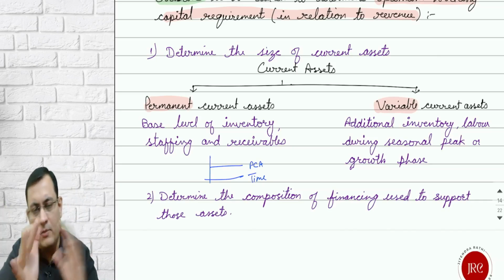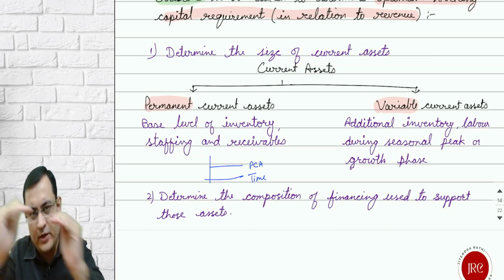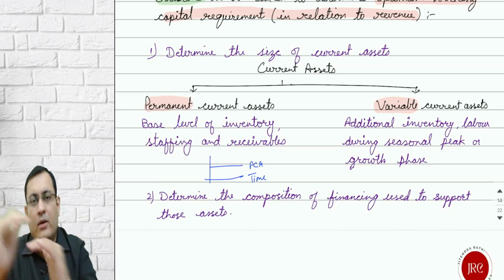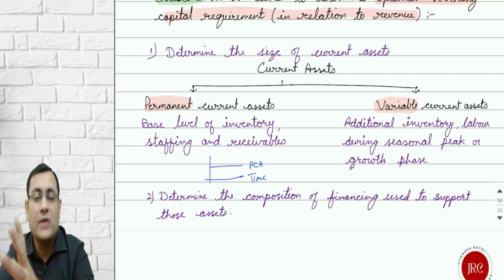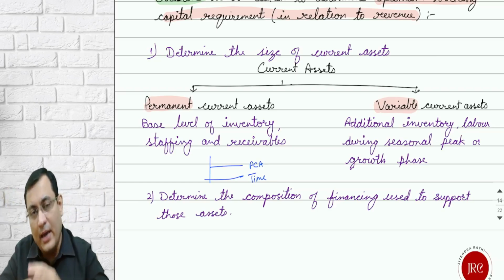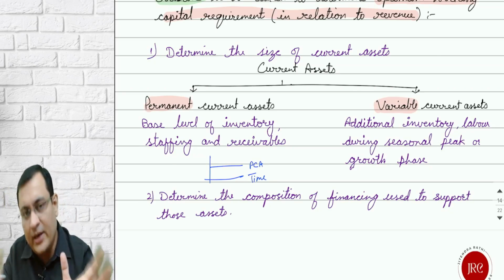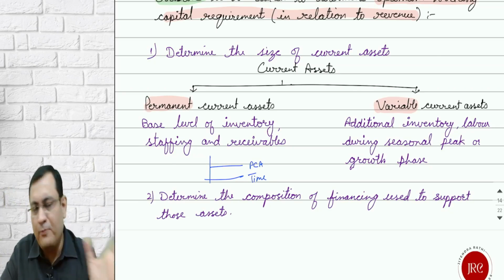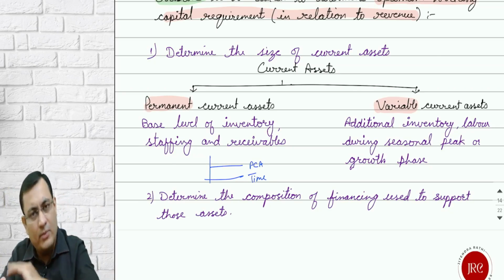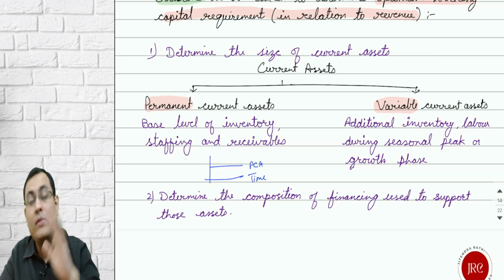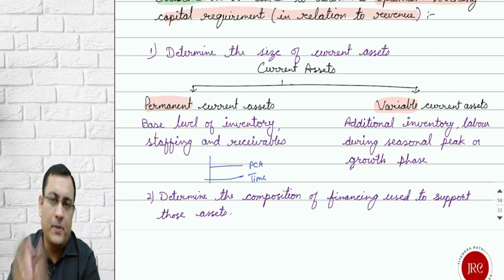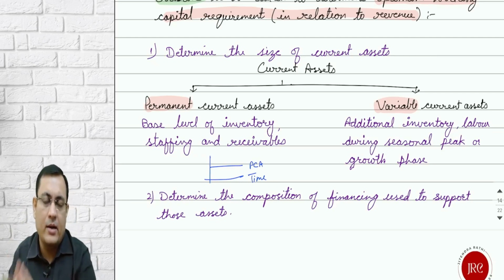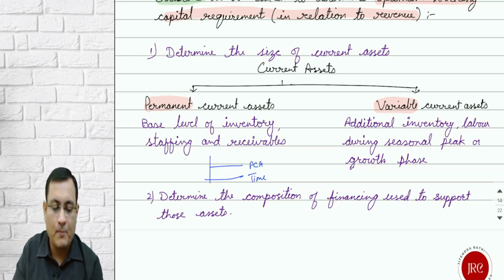Boom, recession, normal situation, a particular level of inventory, receivable, or staff will be required every time. Peak season, off-peak season, this level of inventory will always be maintained. A particular level of receivable will always be outstanding. That is called permanent current assets.